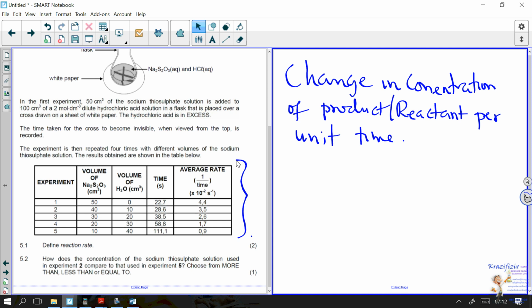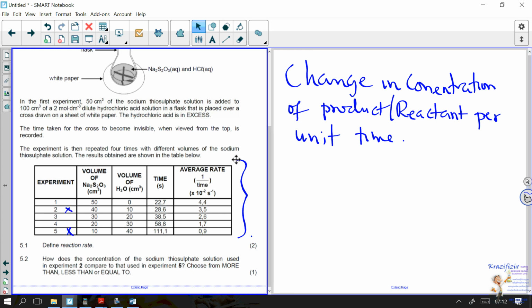Okay, how does the concentration of sodium thiosulfate solution used in experiment 2 compare to that of experiment 5? So we're looking at 2 and 5. Let's go check something there. Look at the time it takes in 2, 28,6. Look at the time in 5.